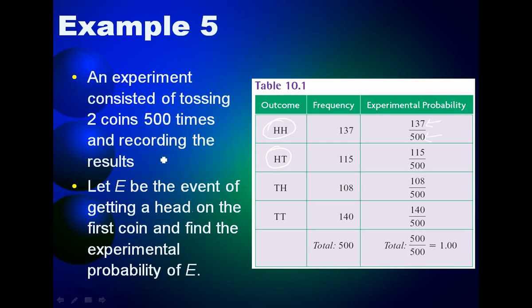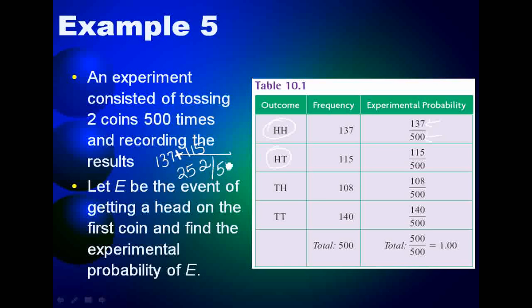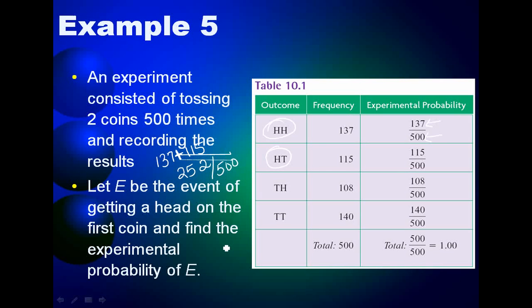So we would add those together: 137 plus 115, 252, 252 out of 500. So the experimental probability of E, which we write as P of E, is equal to 252 over 500.